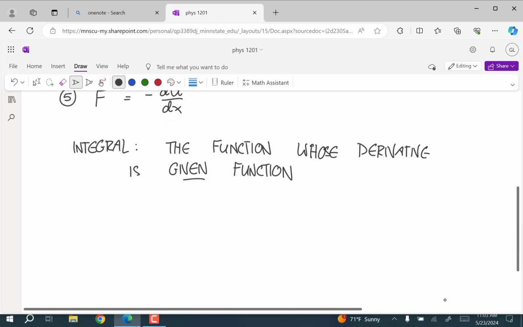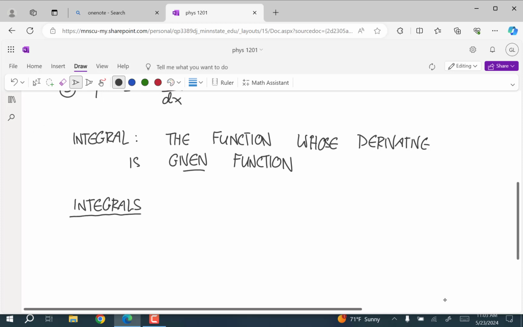Okay, so some things to remember about integrals. I did this when I was talking about derivatives too. There's one additional one here that is an important one. But first, integrals only work with functions, just like with derivatives.